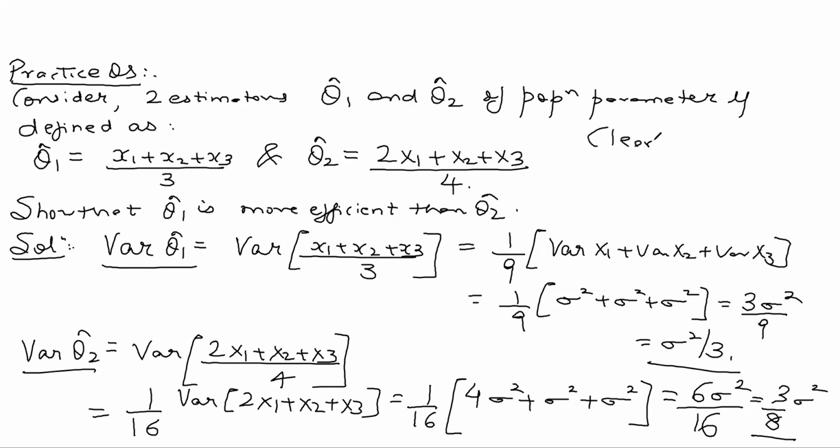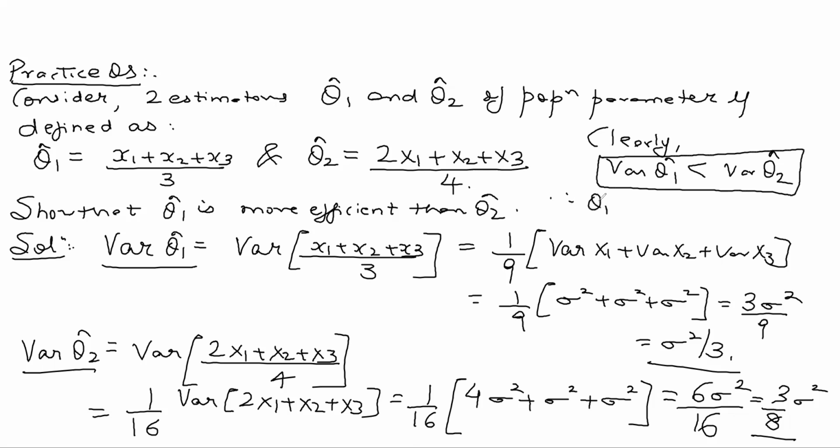Clearly, variance of theta 1 hat is less than variance of theta 2 hat. All of us know 1 by 3 is 0.33, but if I do 3 by 8, it turns out as 0.375. That means variance of theta 1 hat is less than variance of theta 2 hat.